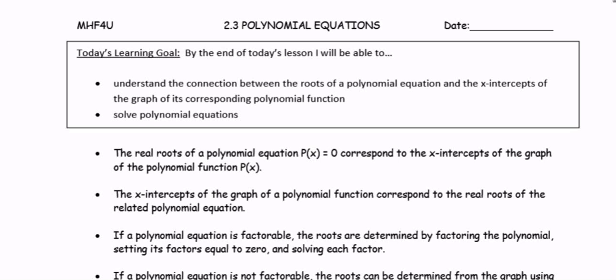All right, so let's discuss here. It says, by the end of today's lesson, you'll be able to understand the connection between the roots of a polynomial equation and the x-intercepts of the graph of its corresponding polynomial function, and you'll be able to solve polynomial equations.